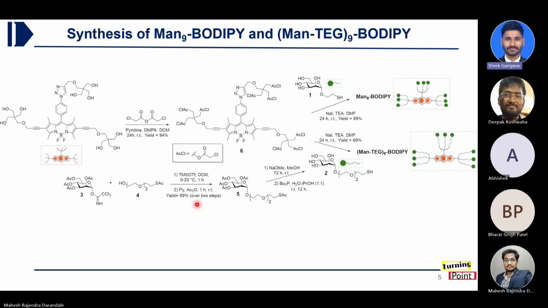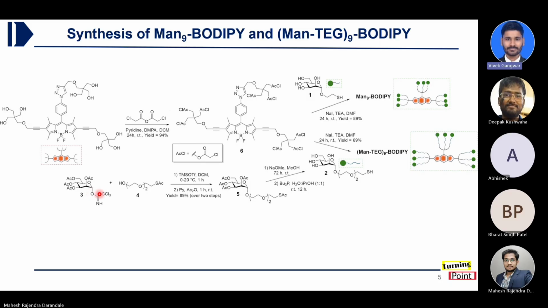And how did they synthesize this BODIPY? I think in a previous report maybe they have given the synthesis of this BODIPY. Which reaction is it? For this third one, where the nitrogen is there.